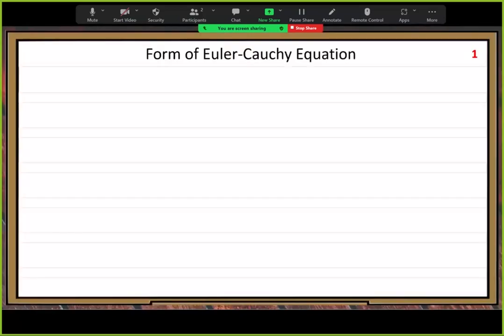Let's take a look at how to solve the Euler-Cauchy equations. The basic form is x squared y double prime plus a, a constant, times x times y prime plus b times y equals 0. Homogeneous.